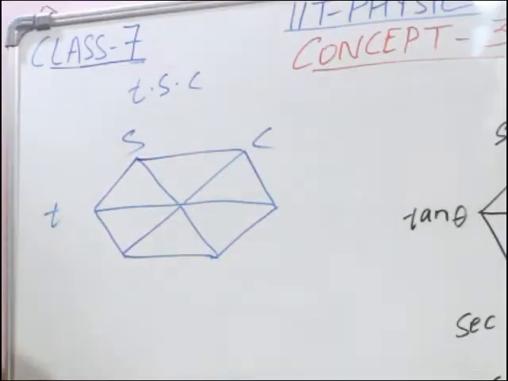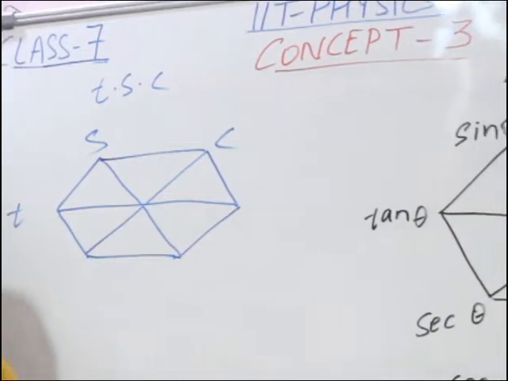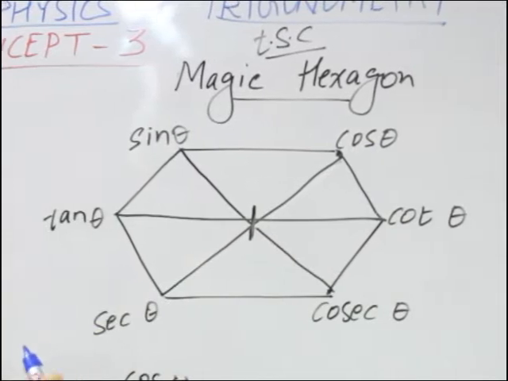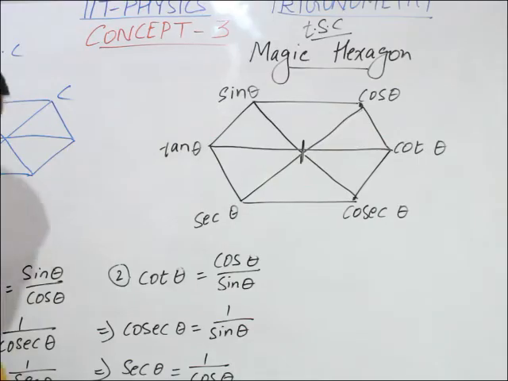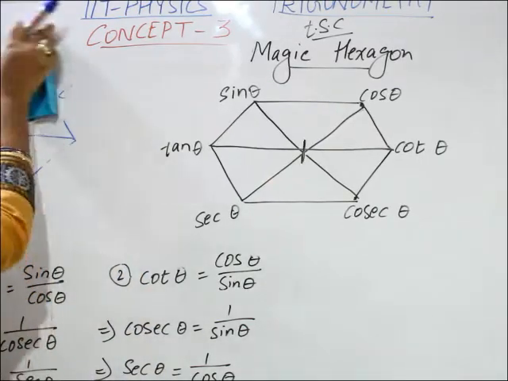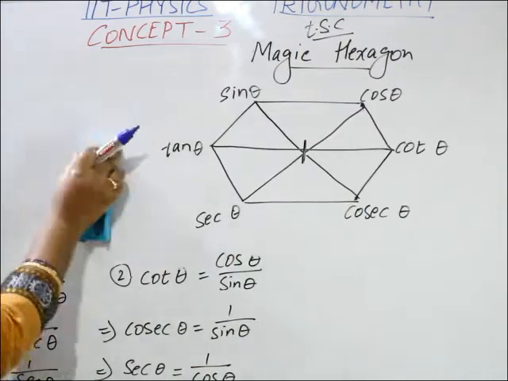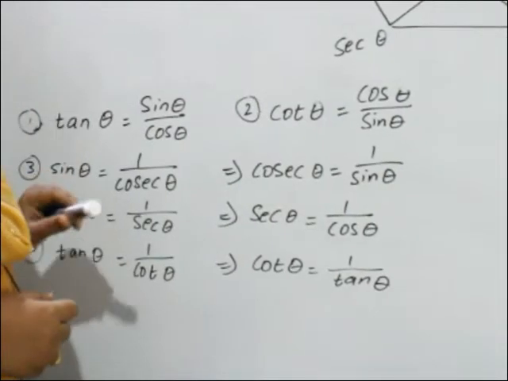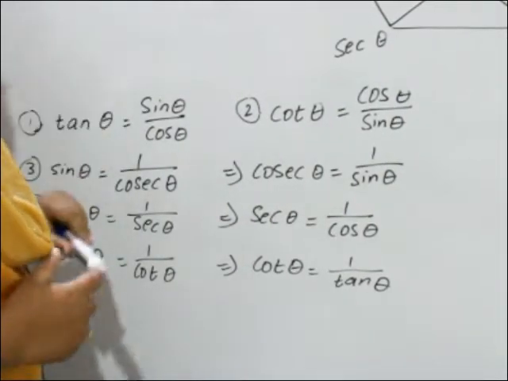So now see here. Already one hexagon is there, with tan, sine, cosine. Then, children, see the first identity: tan theta is equal to sine theta by cos theta.